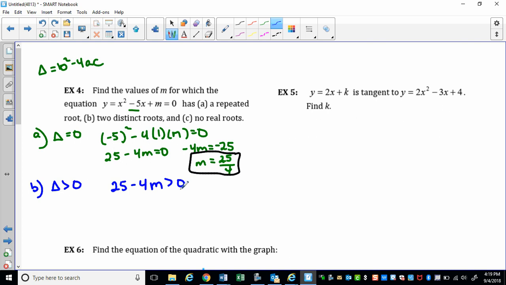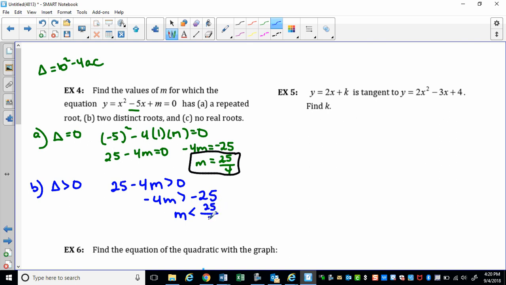So I'm still going to subtract the 25, divide by 4, but let me actually show you this. So subtract the 25, negative 4m is greater than negative 25, and then divide by negative 4. But remember, when we divide by a negative number, we're going to flip our sign, right? So we have m less than 25 over 4.